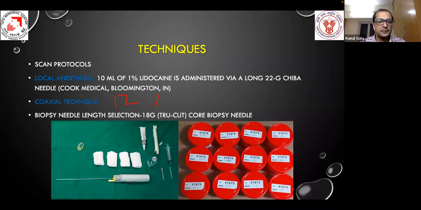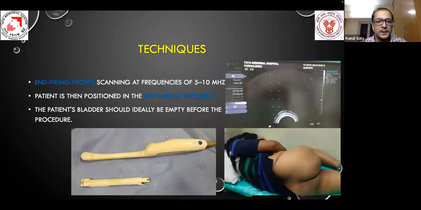This is the adapter which needs to be attached to the ultrasound probe, the transvaginal probe, which can be used as a transrectal probe as well. In transvaginal or transrectal, there is an end firing probe.